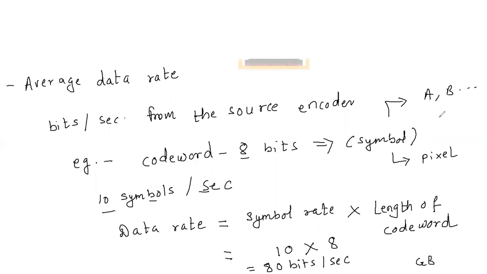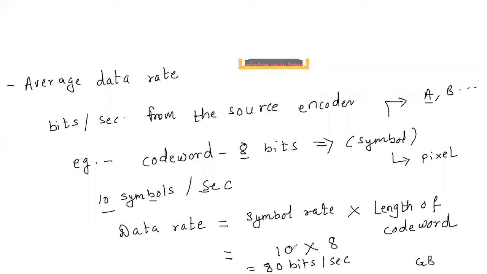If it is text it will be like this, if it is an image it will be like that, and if it is video it will also be in the form of pixels only. So if each alphabet is assigned 8 bits, and the source encoder is emitting 10 symbols in 1 second, then the data rate can be defined as symbol rate multiplied by the length of each code word.